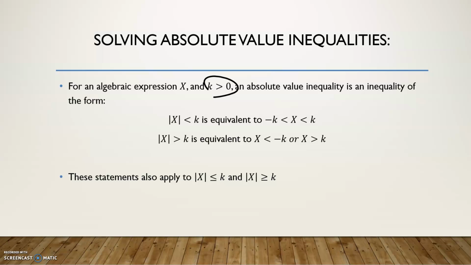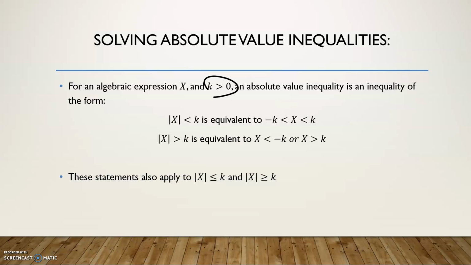An absolute value inequality is an inequality of the form, okay, so remember k is a positive number. If the absolute value of an algebraic expression is less than k, that's the same thing as X being between negative k and positive k. If the absolute value of an algebraic expression is greater than k, or greater than some positive number, that's the same thing as X less than negative k or X greater than k.